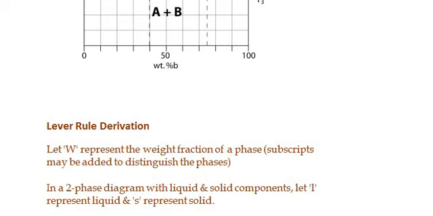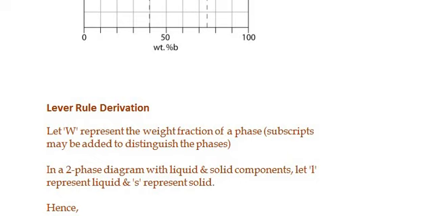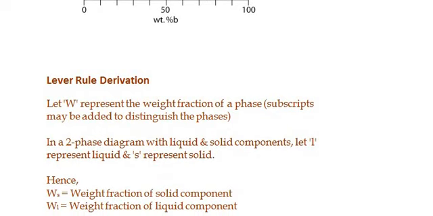In a two-phase diagram with liquid and solid components, it is easier for L to represent liquid and S to represent solid. Hence, W subscript S is the weight fraction of the solid component, and W subscript L represents the weight fraction of the liquid component.